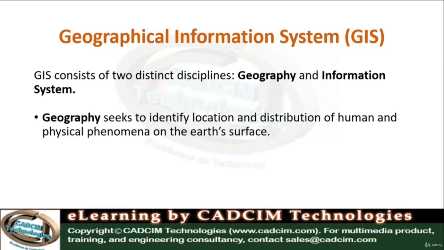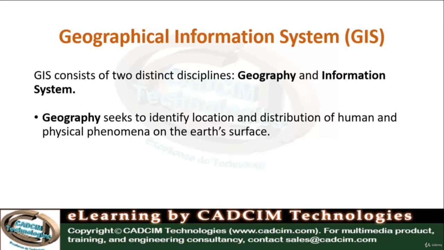Geography is a scientific study of geospatial patterns and processes. Now let's understand what are geospatial patterns and processes. Geospatial patterns and processes basically means a study of any particular location on the Earth's surface.